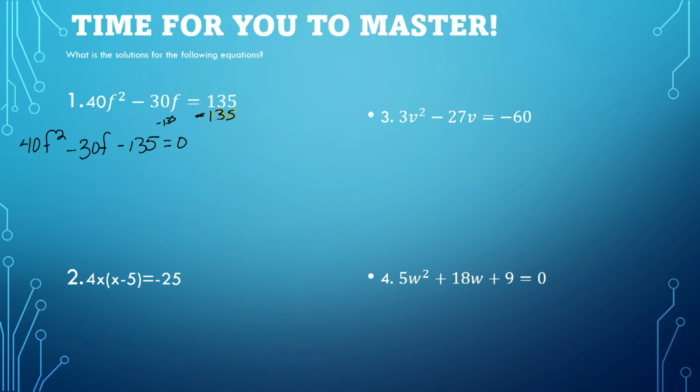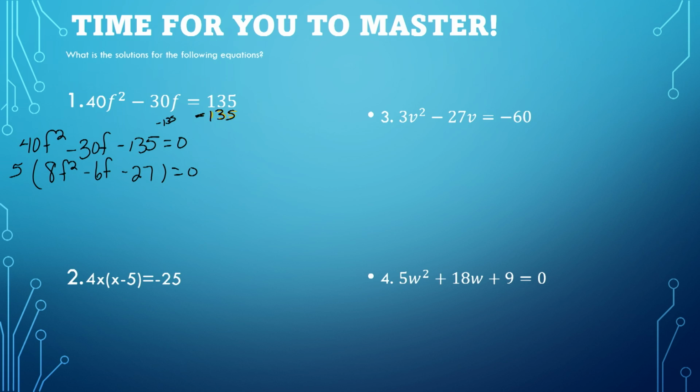I always want to see if I have a greatest common factor, and we've learned how to do that multiple ways. So I know that my greatest common factor is a 5. So I'm going to put down what's left, and I have 8f squared minus 6f minus 27.